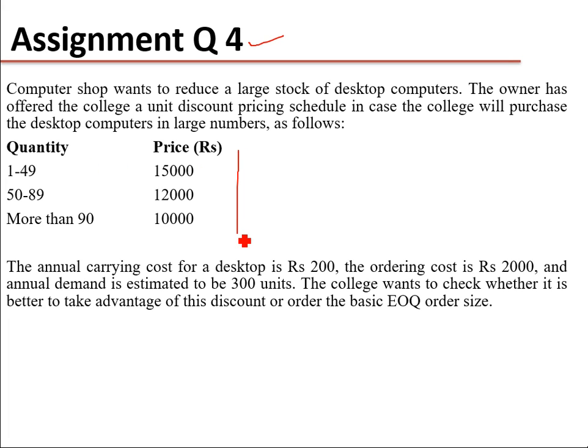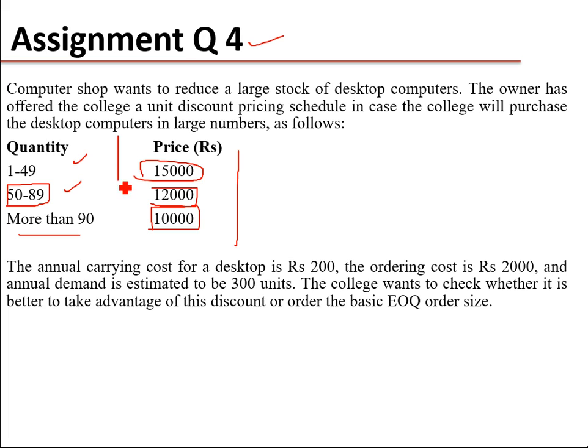And this is the discount pattern given, that is if he purchases 1 to 49, the price for the particular computer is 15,000, and if he puts the order of units 50 to 89, the cost will be 12,000, and if it is going to be more than 90, the cost is reduced to 10,000 over there.